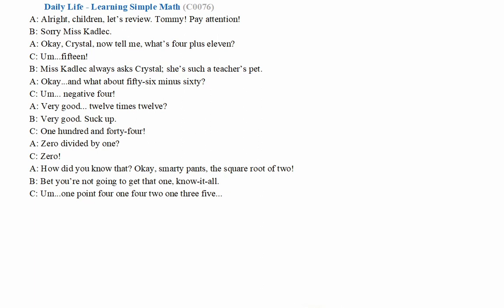Now, what about taking away numbers? Okay. So taking away or subtracting. All right, let's test you again. In the dialogue, she said 56 minus 60. 56 minus 60 equals -4. Okay, minus. So that's negative, right?